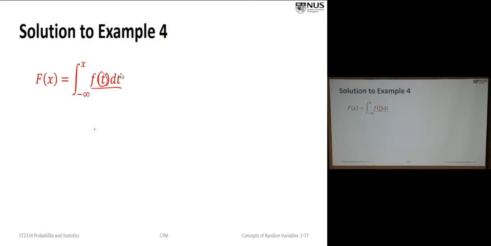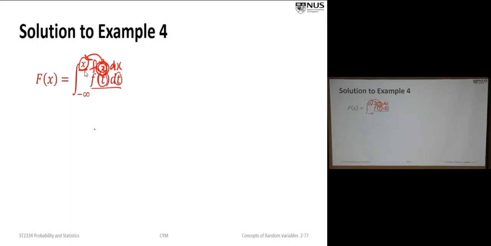So now I change these arguments. I don't want to use x, because I don't want this x to be confused with the other. If I use f of x dx, then this x and this x are 2 different things. The x in f of x is the argument for the integration, while this limit x is a fixed point.